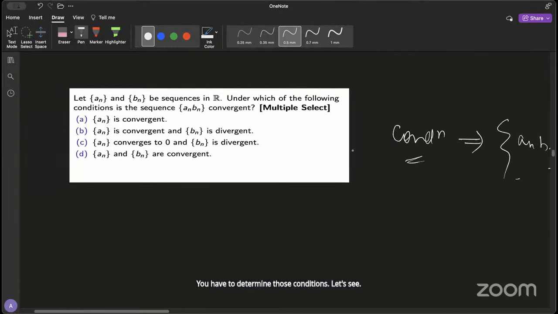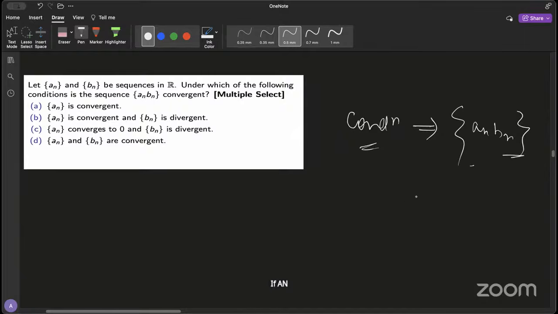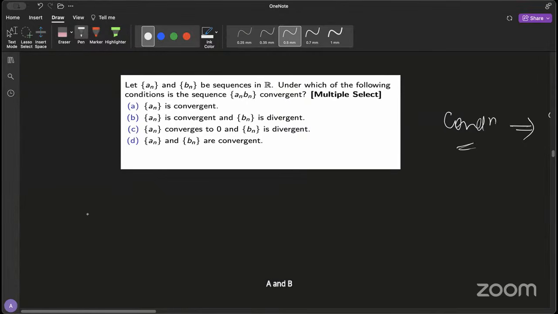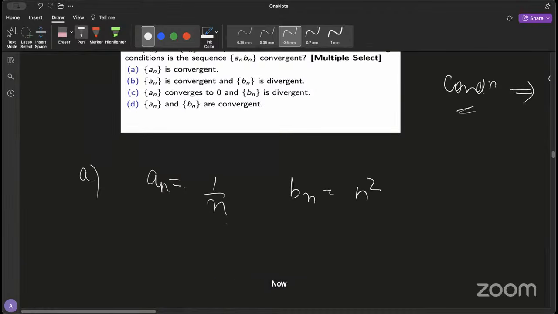Let's see. If An is convergent, can I say An and Bn, the product, is convergent? For the first one, let's take An to be 1 by n, and let's take Bn to be n square. Now 1 by n is convergent, right? n square is divergent.